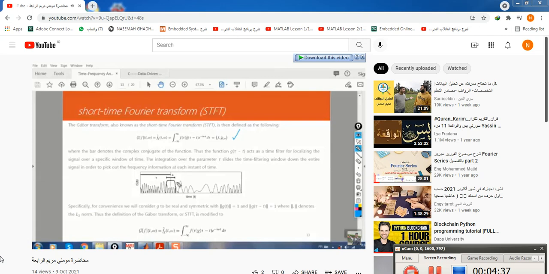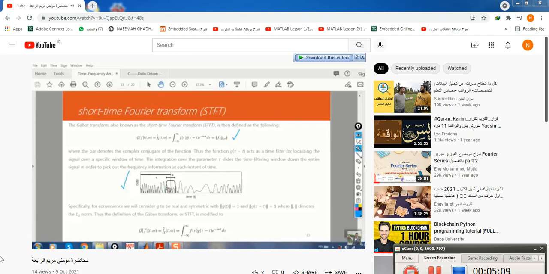And the context of short-time Fourier transform is clear in this diagram. Please consider the absolute of SAT. Okay, I mean the absolute here is the real part of the signal. Okay.